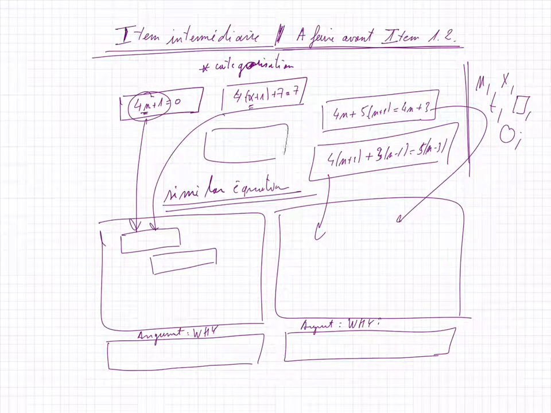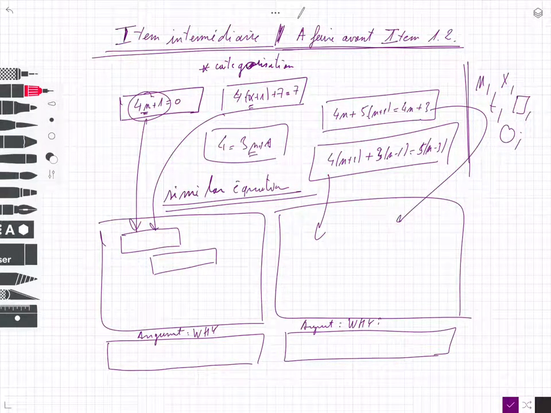We could perhaps also add something like 3n plus 2, where the unknown is in the left member, but only one unknown, one expression of the unknown.